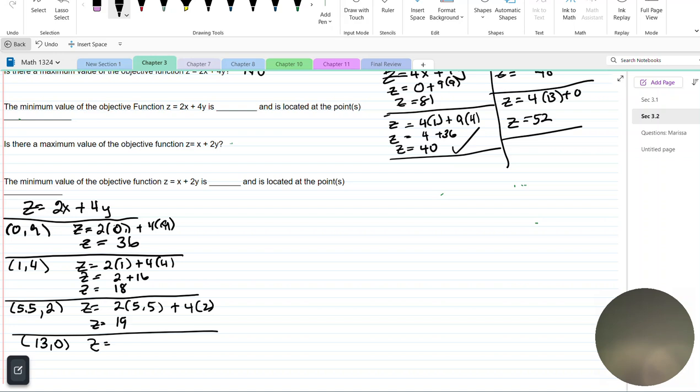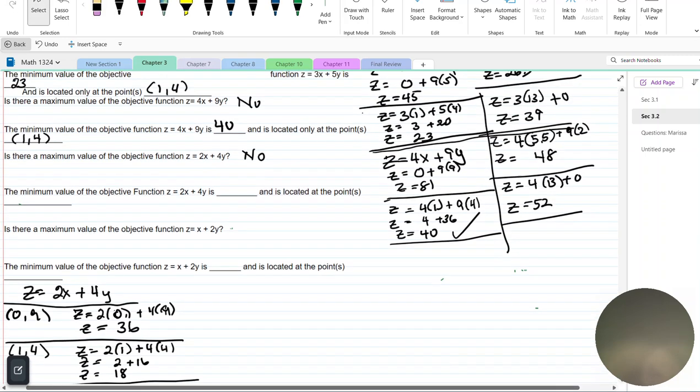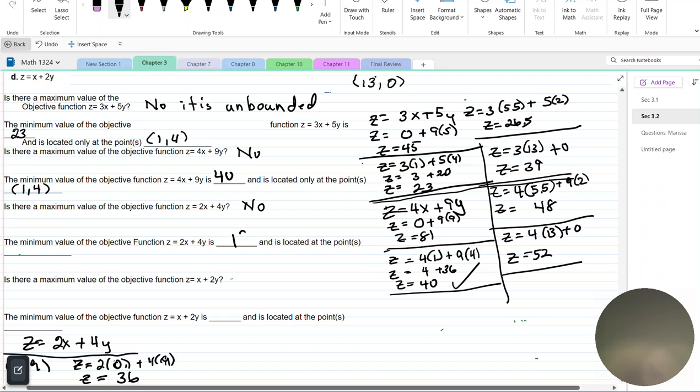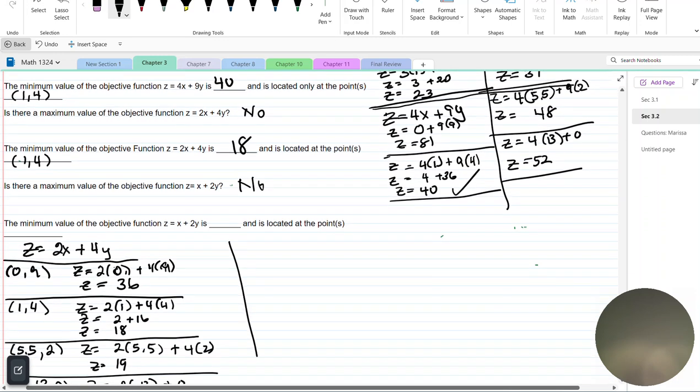So z equals 2 times 13 plus 0. 26 it looks like. Okay, our minimum is the 18 at (1, 4). All right, and this is a no for the maximum. And now we're doing the last one.